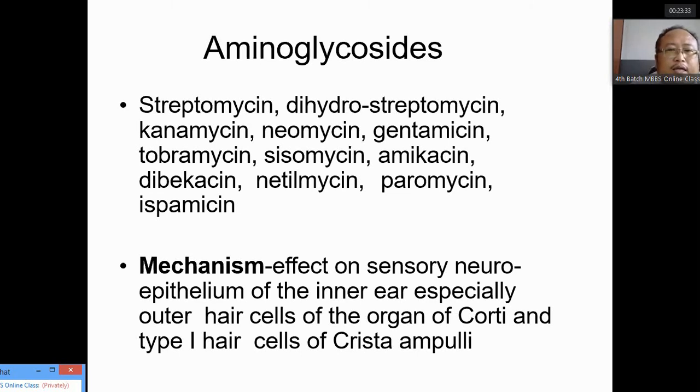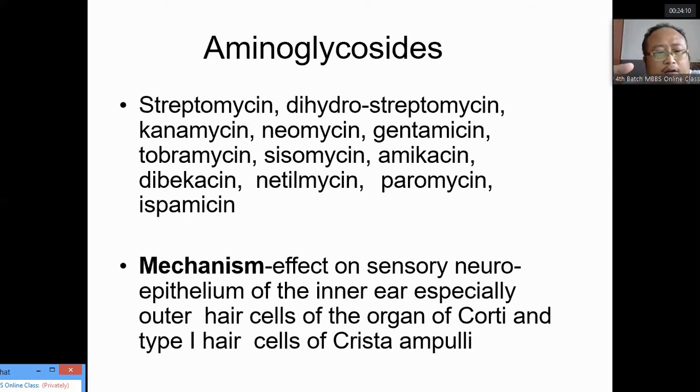The aminoglycosides are the most common drugs that we use in day-to-day life, especially in children. Streptomycin is for ATT, anti-tubercular therapy. It includes kanamycin, gentamicin, amikacin, tobramycin, all types of aminoglycosides, used as antimicrobial agents and still commonly used day to day.